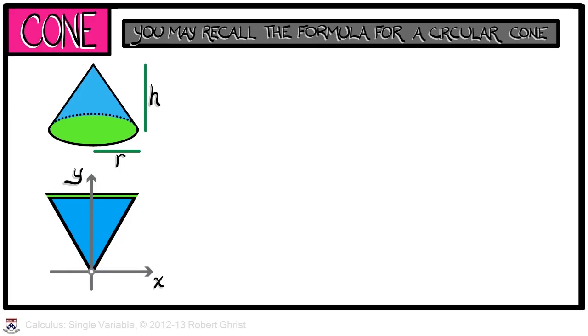All of these slices are going to be disks of some radius, and so the volume element is going to be pi times x squared dy, where x is the radius of this disk. But we want to integrate with respect to y, since our thickness, our differential element, is dy.